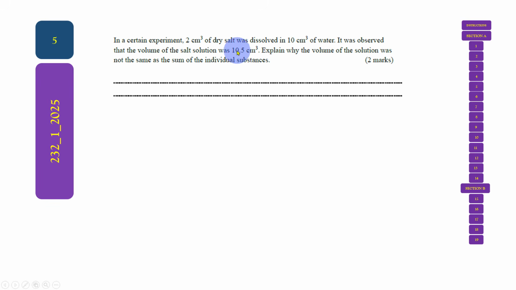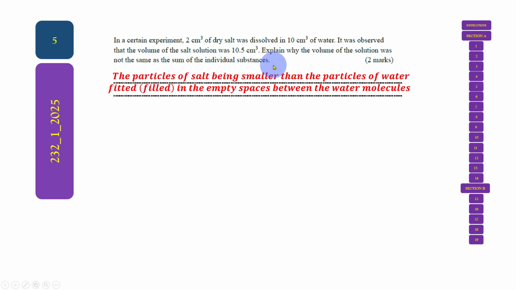Okay? This is because the particles of the solute, which is salt, go and fill up the intermolecular spaces between the molecules of water, right? So the particles of salt, being smaller than the particles of water, filled in the empty spaces between the water molecules.